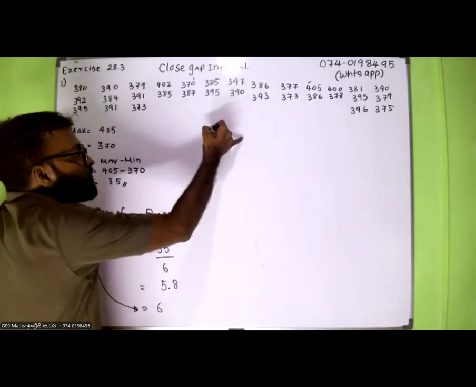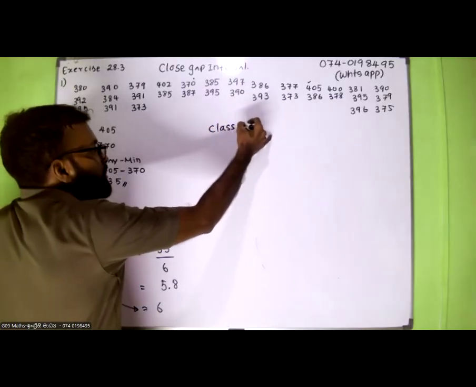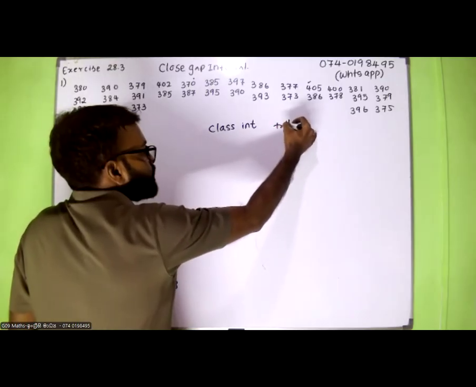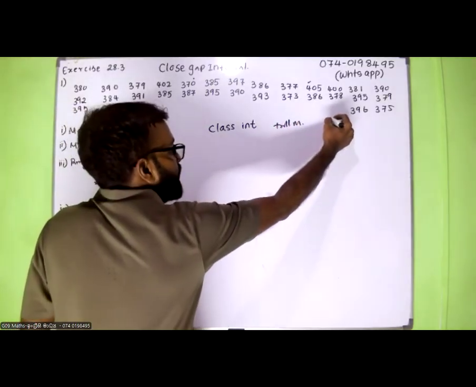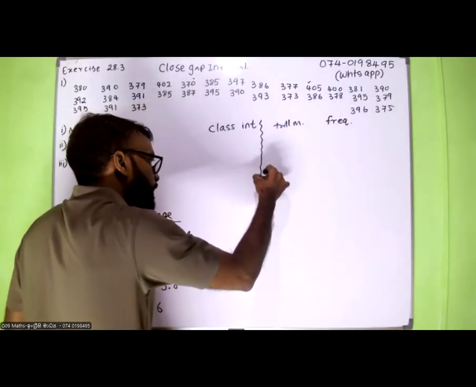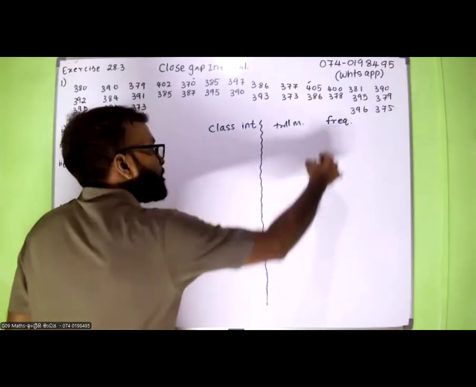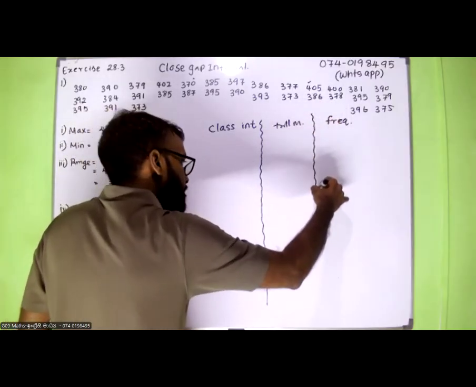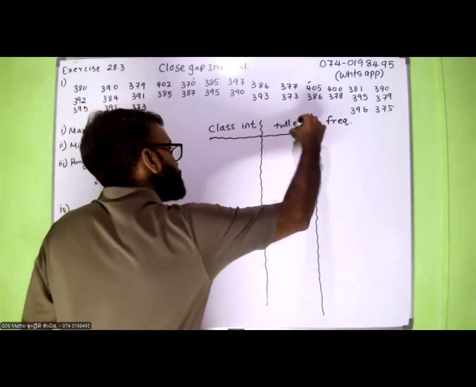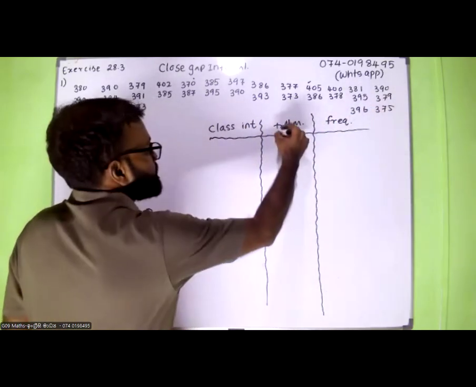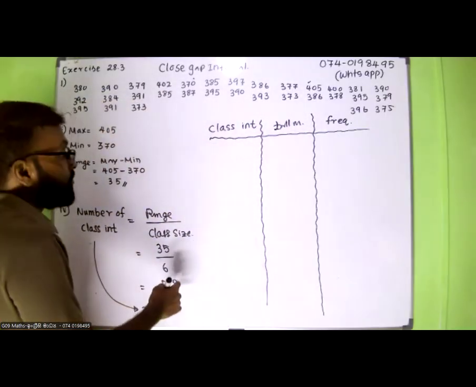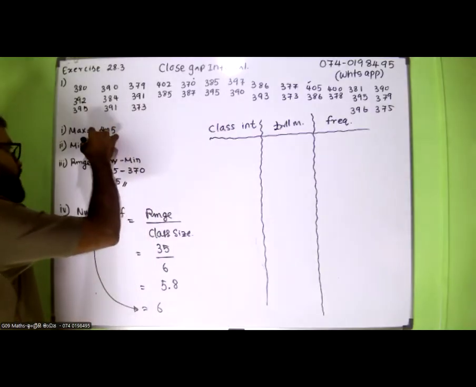So here you should have class intervals, then tally marks, then frequency. Now, what is the minimum value? 370.